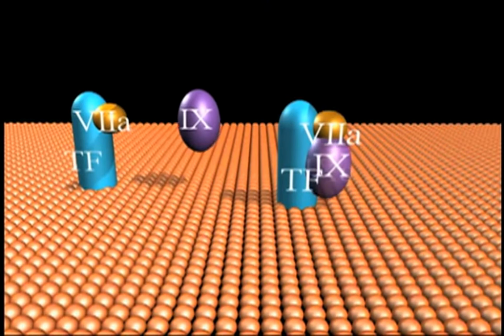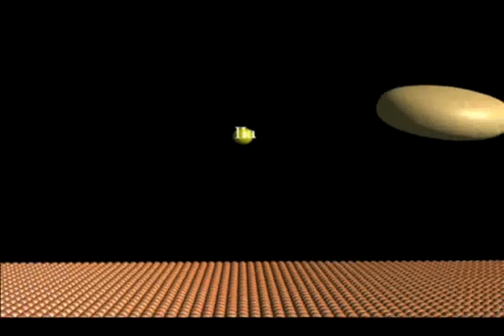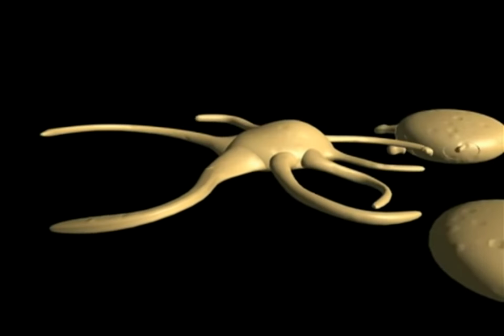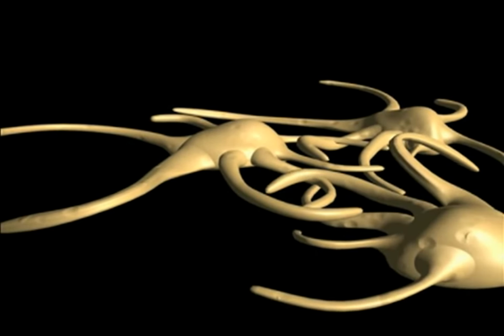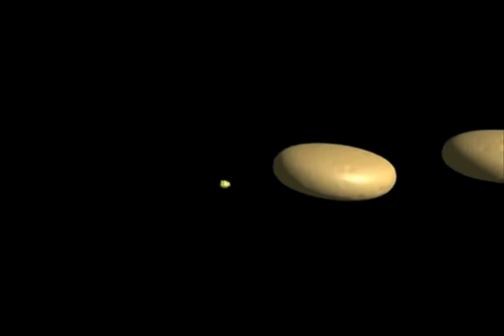The small amounts of factor Xa initially produced, which escape inhibition by antithrombin, can activate a small amount of prothrombin 2 to thrombin 2A on the activated membrane surface. This is an inefficient reaction compared with the subsequent major thrombin production catalyzed by the prothrombinase complex, 5A, 10A, which is over 10,000-fold more efficient.